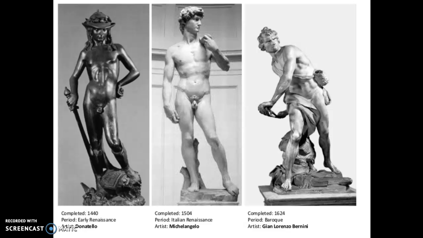Here are three examples of Renaissance sculpture featuring the biblical story of David. For those of you who have forgotten or aren't familiar with it, David was a Hebrew shepherd whose story was told in the Old Testament. The Hebrews were at war with a tribe called the Philistines. The Philistines offered to have a one-on-one battle to settle the whole dispute and sent out a 9-foot giant by the name of Goliath.